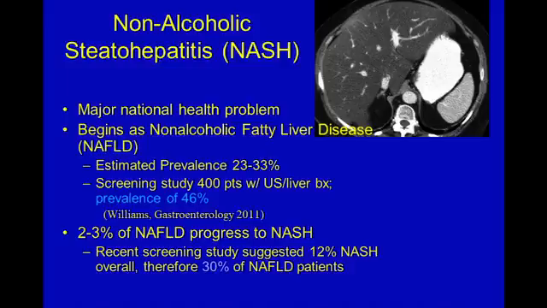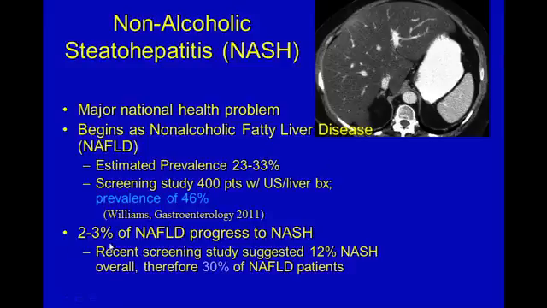The first of these is non-alcoholic steatohepatitis, or NASH. It's a big national health problem at this point in time. It begins as non-alcoholic fatty liver disease, and the prevalence is estimated anywhere between 20 and 33%, but there have been some screening studies of patients where the prevalence was as high as 46%. And in my practice, I see many, many patients with what I would term a fatty liver.